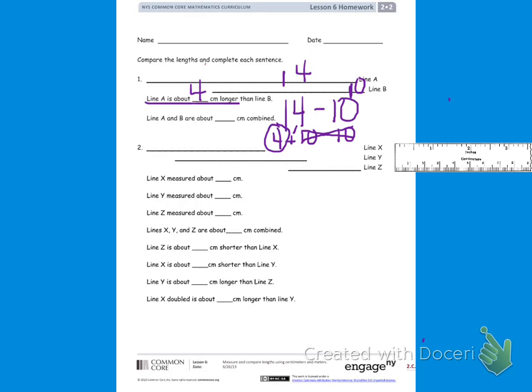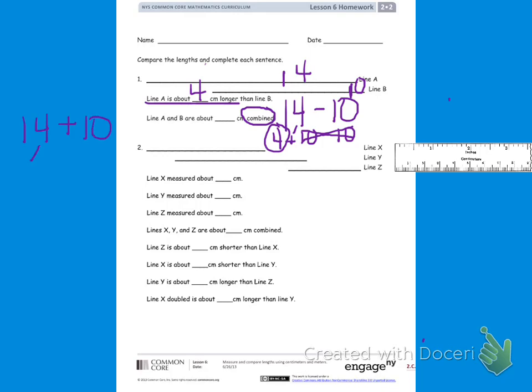The next question says, line A and B are about blank centimeters combined. We know that the word combined means we put things together. So on this question, we're going to combine or put lengths of line A and B together. So I know that 14 plus 10 is going to be those two lengths combined.